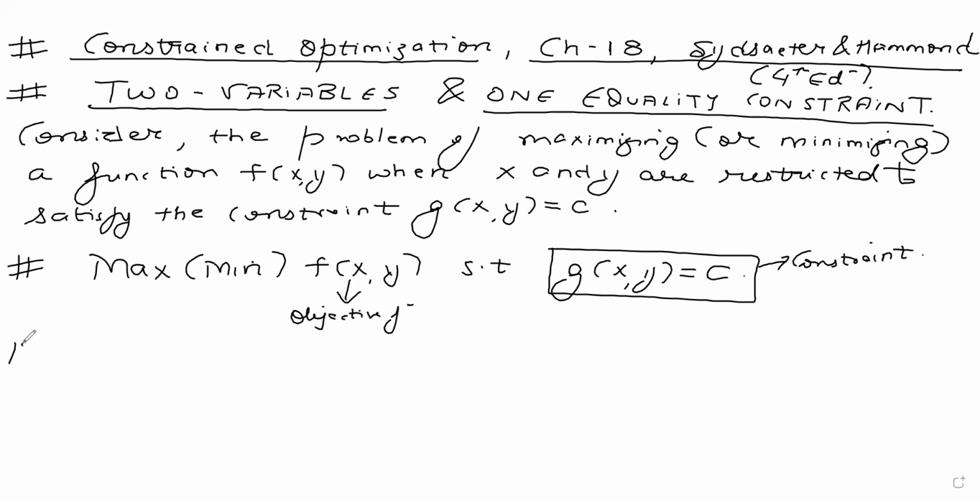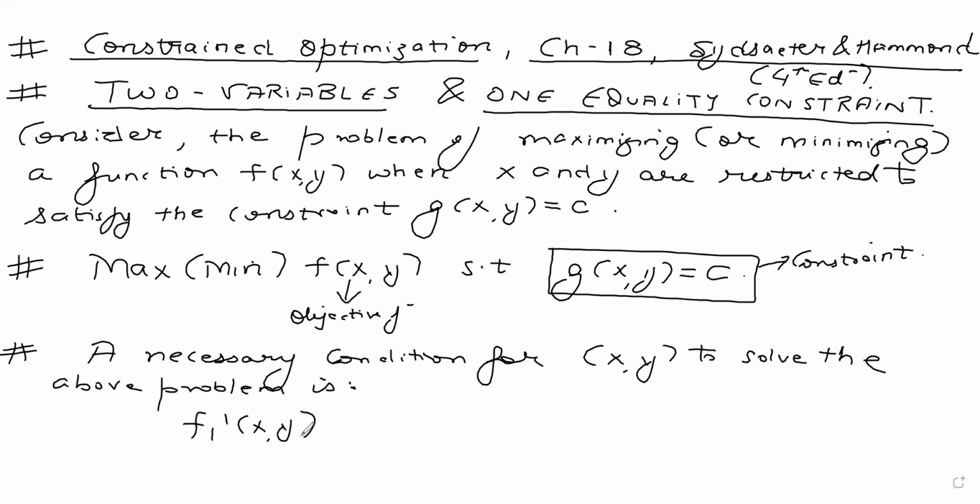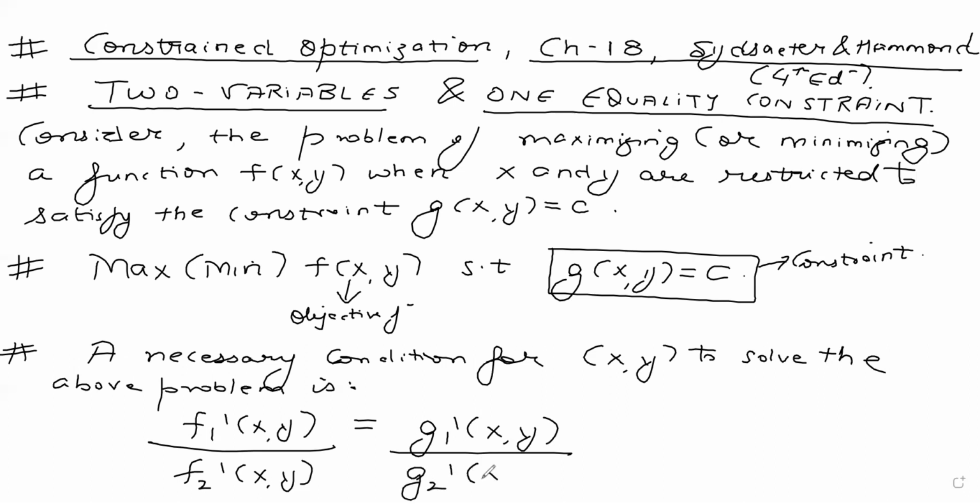Okay, so we can now write a necessary condition for the pair x comma y to solve the above problem. f1 dash xy, which is the partial derivative of the function f with respect to x, upon f2 dash xy, which is the partial derivative of f with respect to y, should exactly be equal to g1 dash xy, the partial derivative of g with respect to x, divided by g2 dash xy, the partial derivative of g with respect to y.